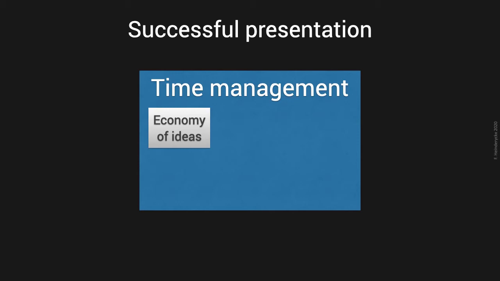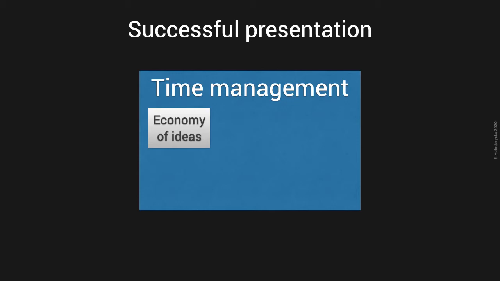Too many ideas in too little time inevitably gives a sense not of richness and density, but of superficiality, and you don't want to project superficiality when you do an academic presentation. So make sure that the number of ideas you're presenting fits the time and the means that you are given for that particular presentation.